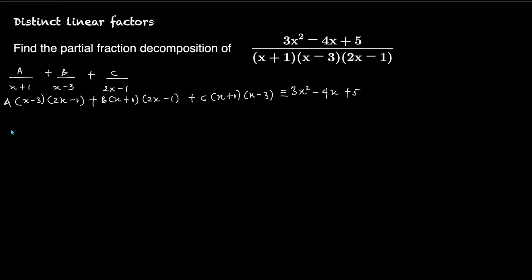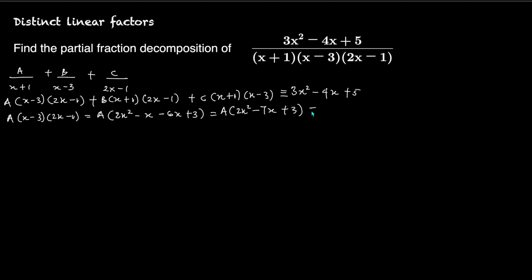So let's break this down. All right, so we have A times (x minus 3)(2x minus 1), which expands to A(2x squared minus x minus 6x plus 3), which simplifies as A(2x squared minus 7x plus 3).